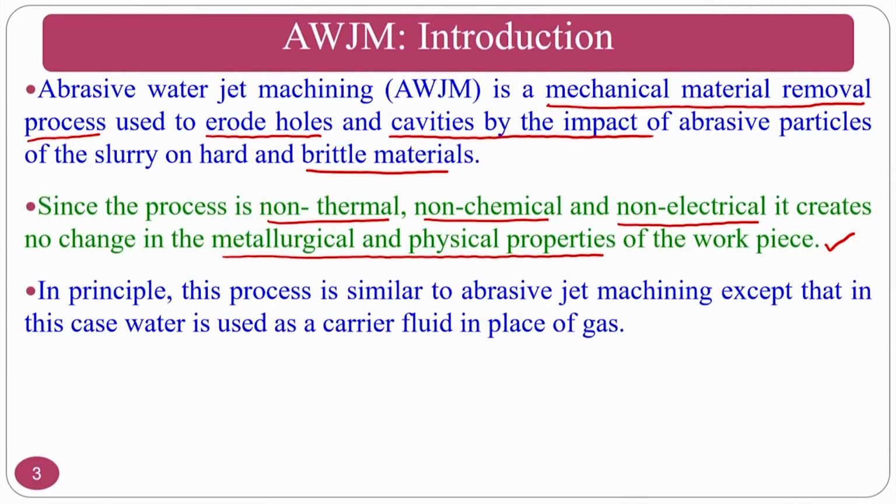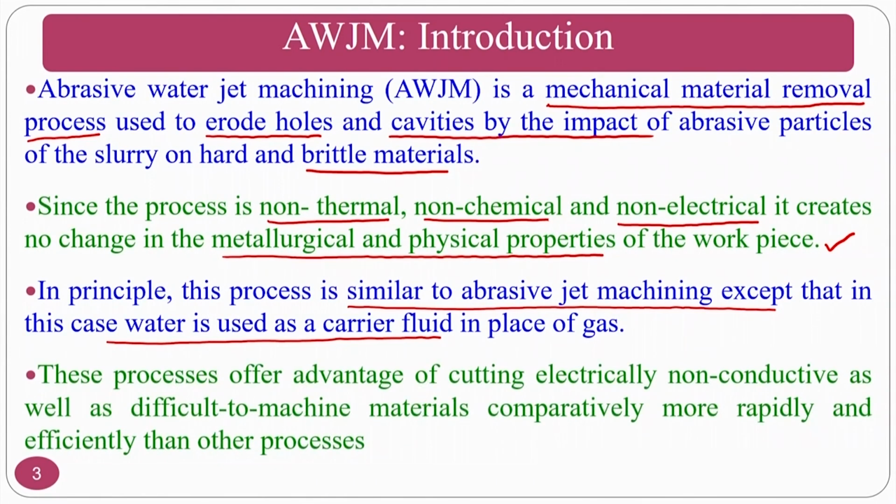In principle, this process is similar to the abrasive jet machining process, as I said, except that in this case water is used as the carrier fluid in place of gas. The process offers the advantage of cutting electrically non-conductive as well as difficult-to-machine materials comparatively rapidly and efficiently compared with other processes.